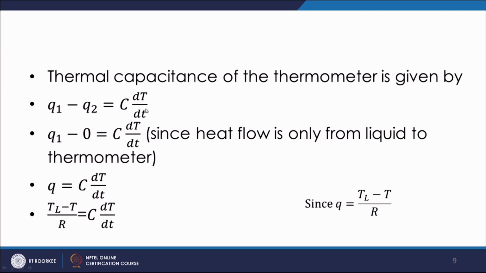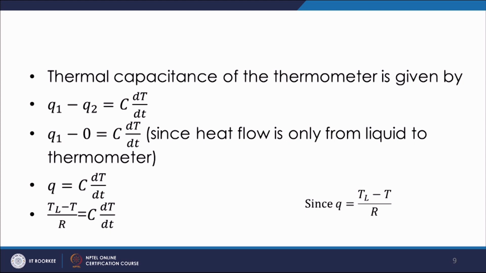We have just seen this from the definition of the thermal capacitance building block. Now, here Q2 is 0 since heat flow is only from liquid to the thermometer. So, I take Q2 is equal to 0.